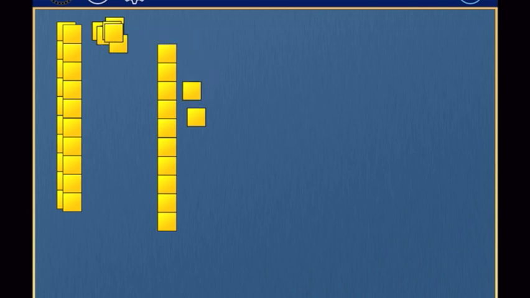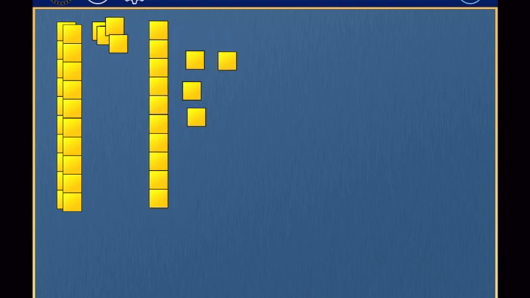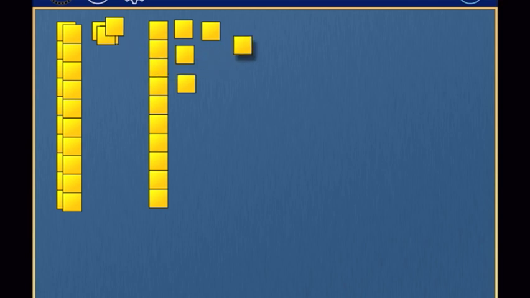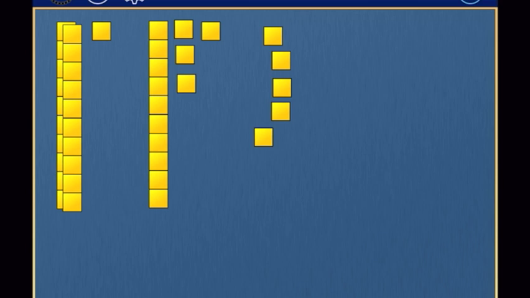You can also use this for numbers that may require regrouping. So if I said Tayson had 14 books and his teacher gave him 7 more books. 1, 2, 3, 4, 5, 6, 7.